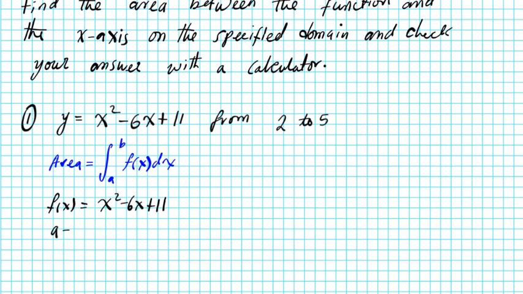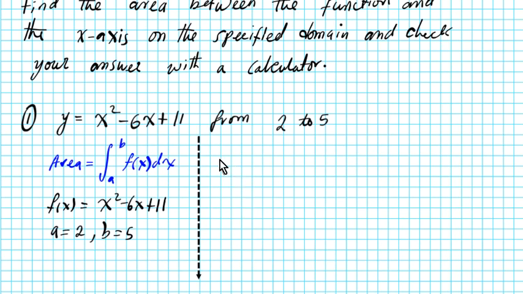Our a value is 2 and our b value is 5. So when you're integrating, you always go from left to right. So 2 to 5.